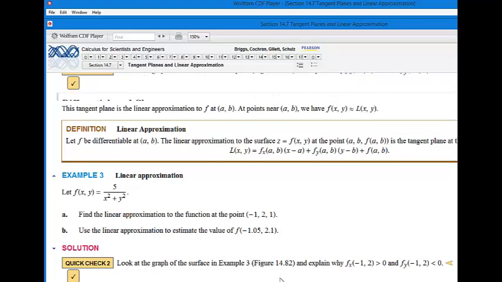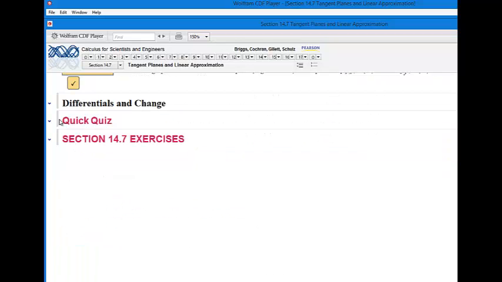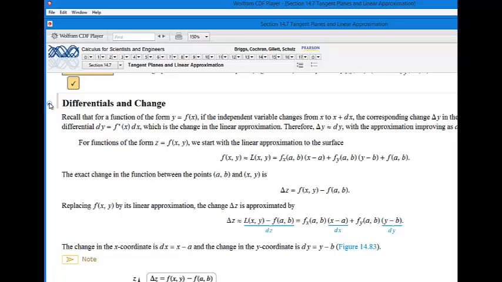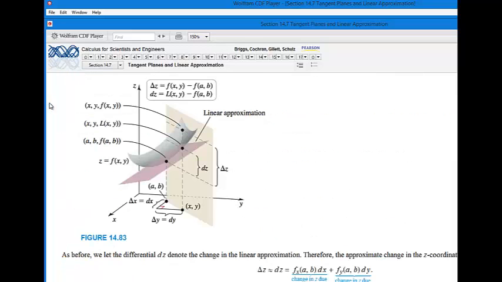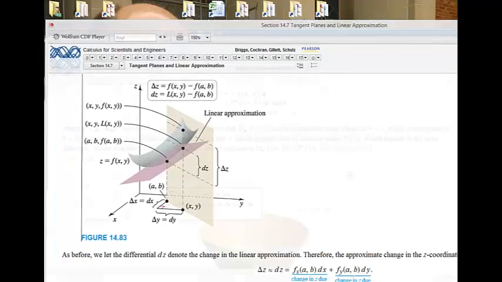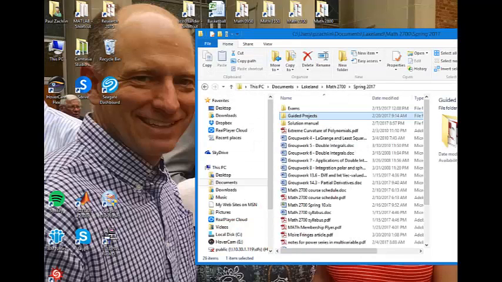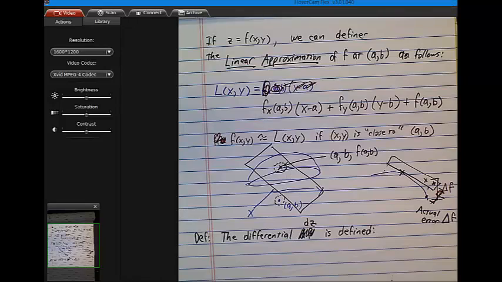Be smart. And then we'll go ahead and do an example. They're going to use dz, which I like. So we're going to change the differential to be dz.